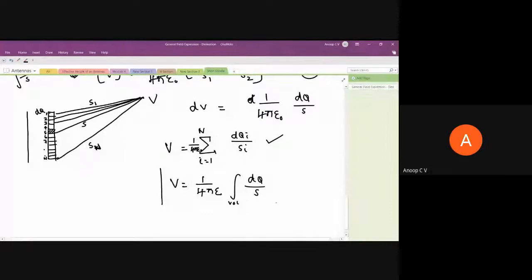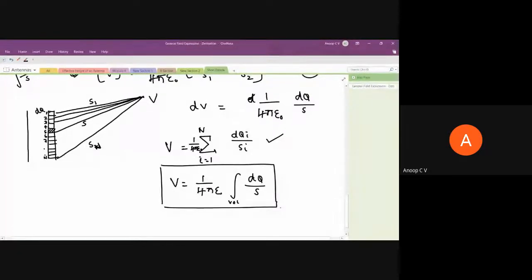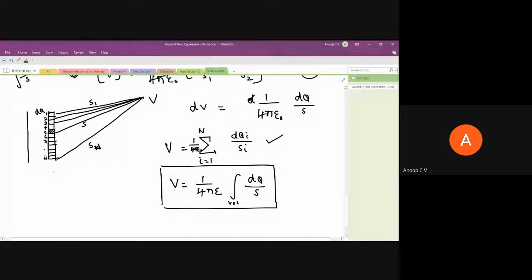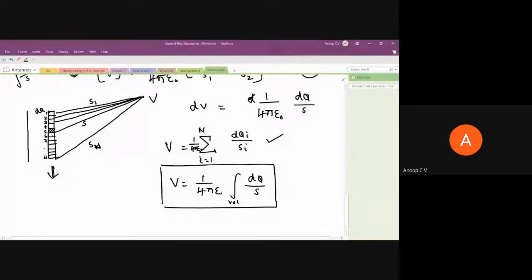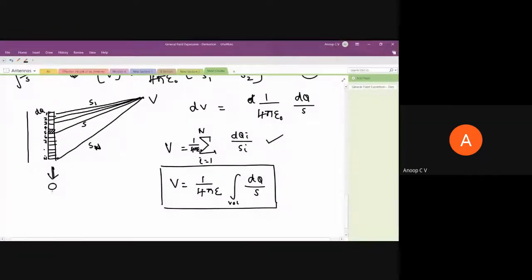Yes, sir. So this is the general case. If you want to find the potential due to any very long practical thin linear antenna, you have to use this particular one. But fortunately, this structure we can approximate like a dipole.